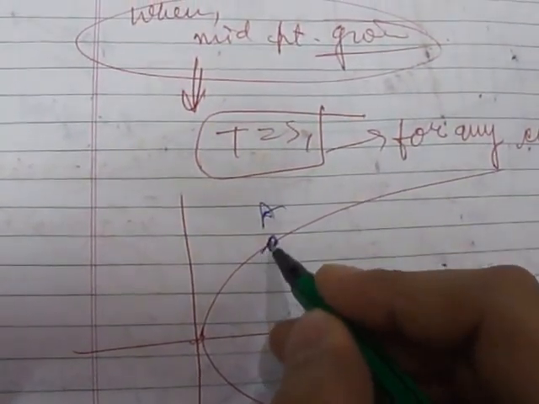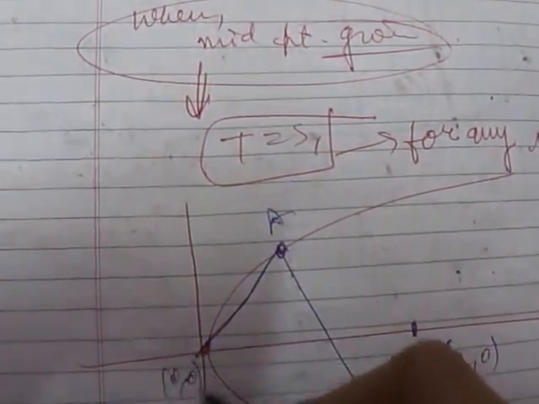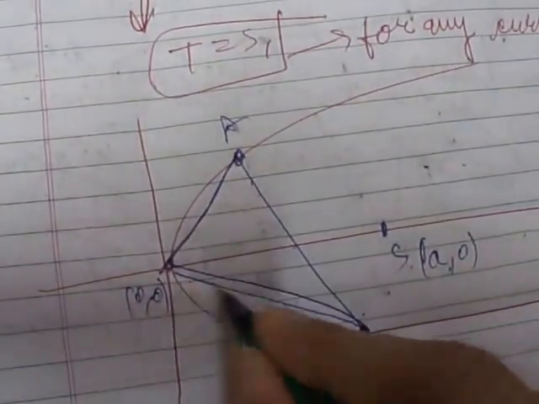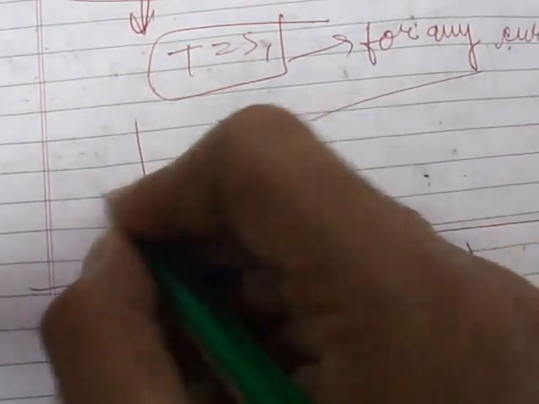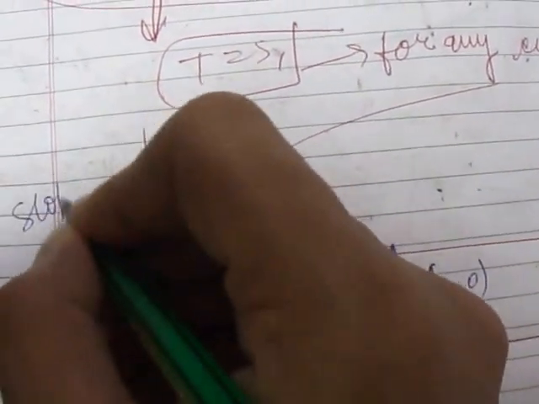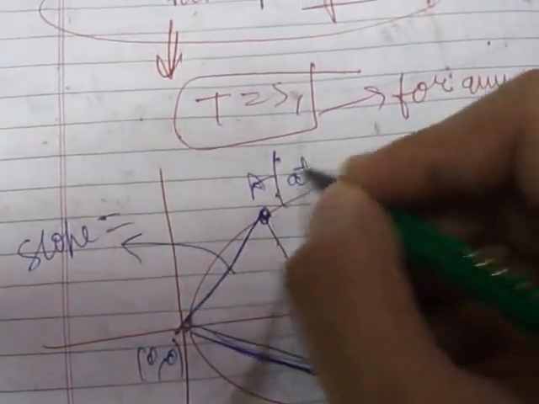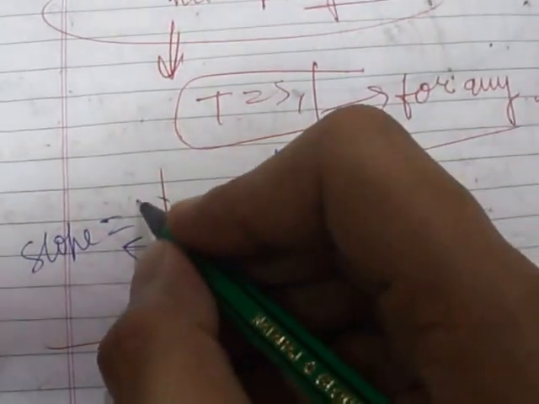When we join the point to the origin 0 comma 0, the slope of this line to point B, at1 square comma 2at1, is 2 by t1.